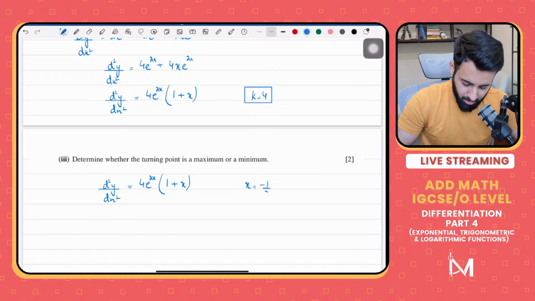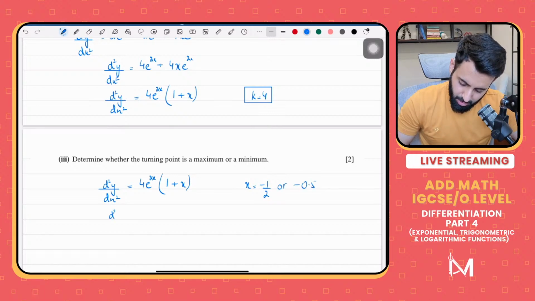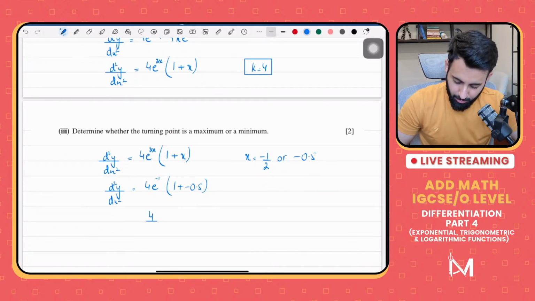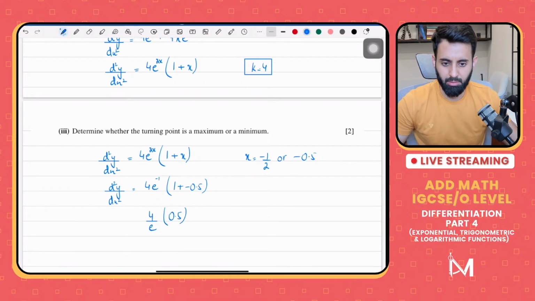So what do you guys think? Let's keep it in decimal form. It will make life easy. So d square y upon dx squared, if I plug in minus 0.5 in place of x, this is going to be 4 over e times (1 plus minus 0.5). So we're looking at 4 upon e into 0.5. So what do you think the end result is going to be?